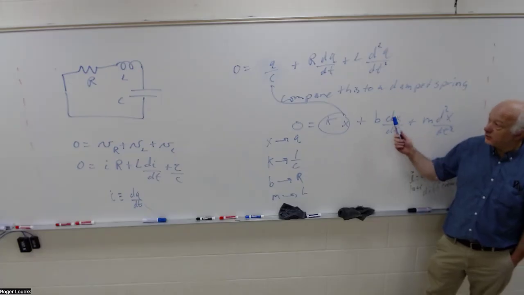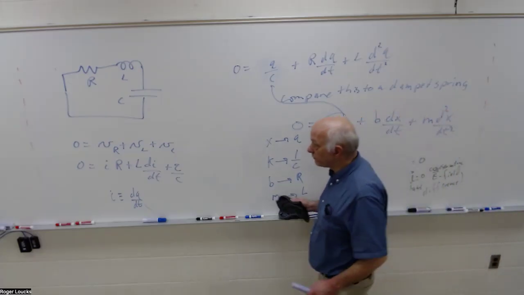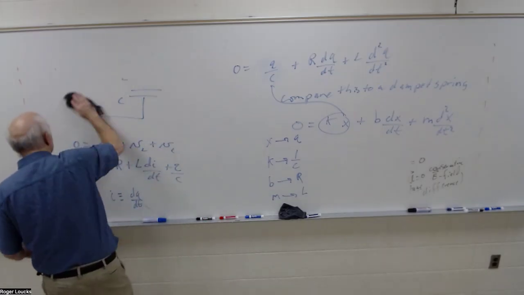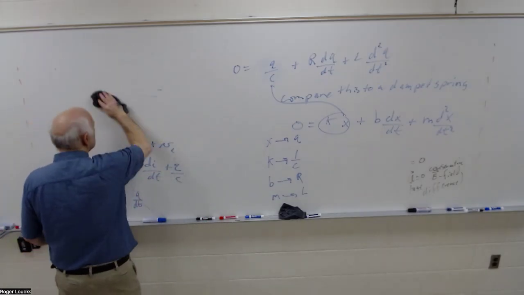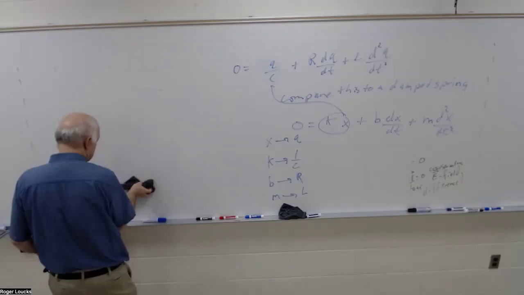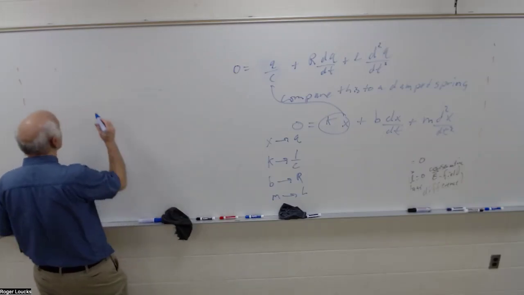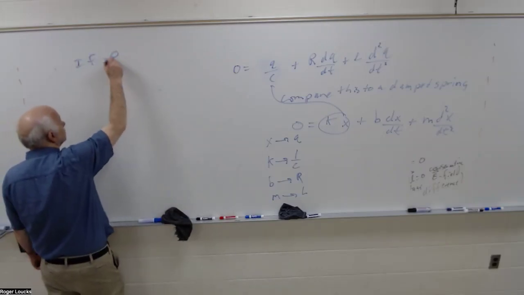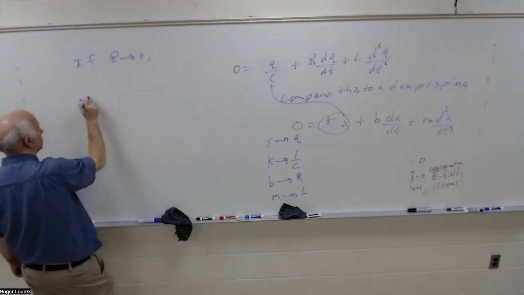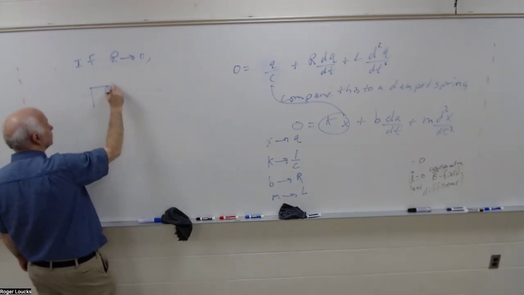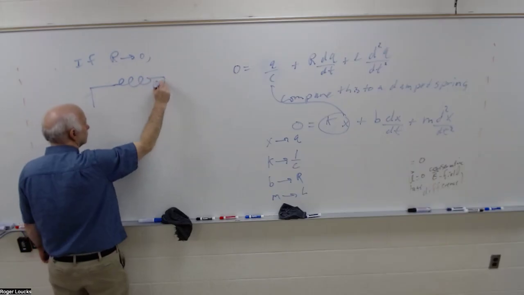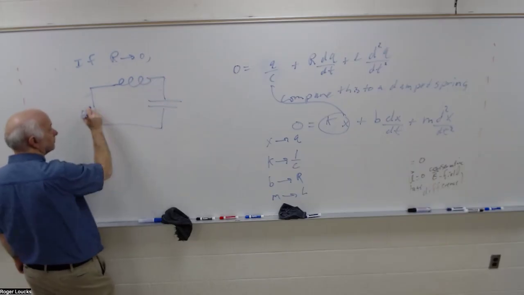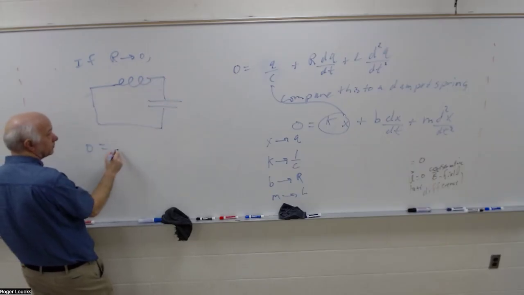So it has to happen here: we have to get rid of the resistor. So if R was 0, what would we have? We have this picture here. My equation will become this.